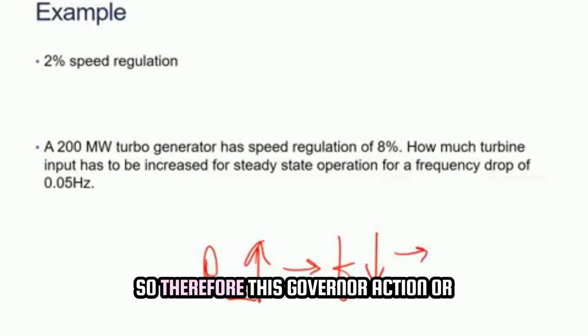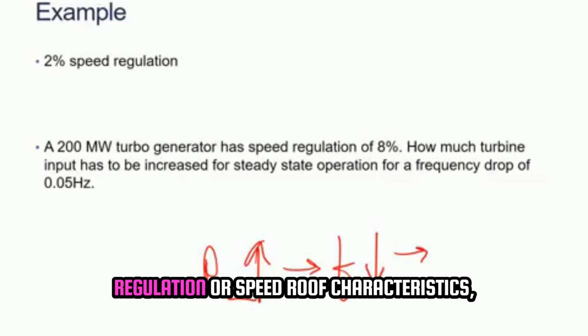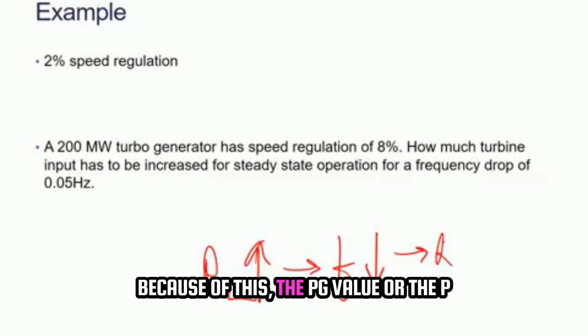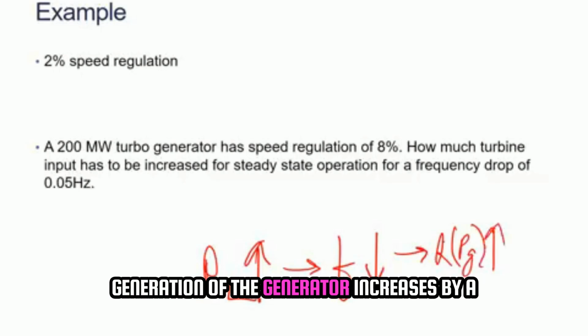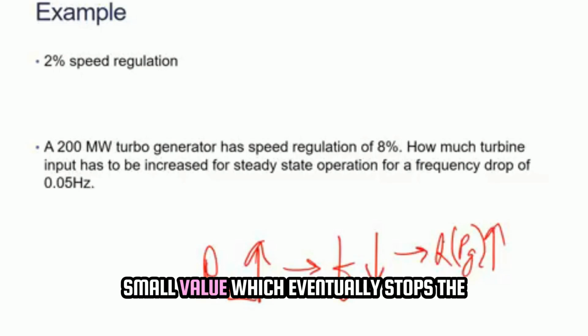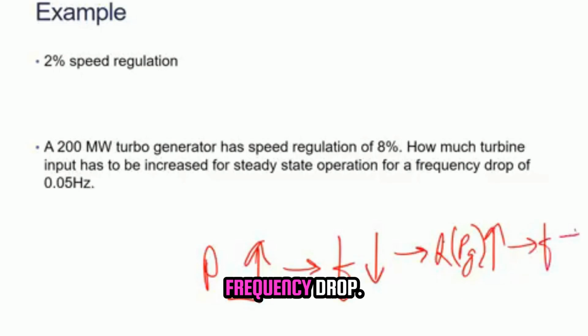So therefore, because of this governor action, or regulation, or speed droop characteristics, the PG value, the power generation of the generator, increases by a small value, which eventually stops the frequency drop.